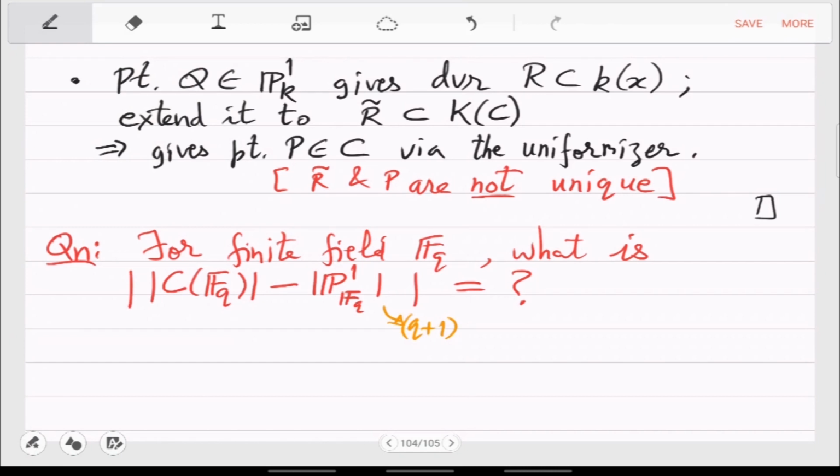Yeah, so I need some definitions now. Think of K as FQ for this definition. Okay, it is definitely not algebraically closed.